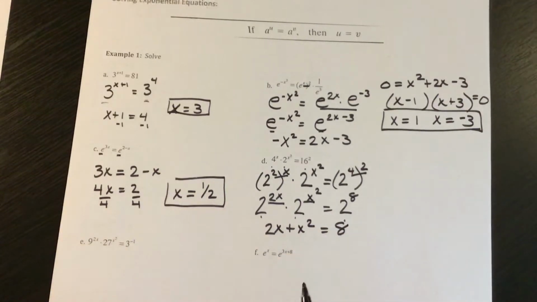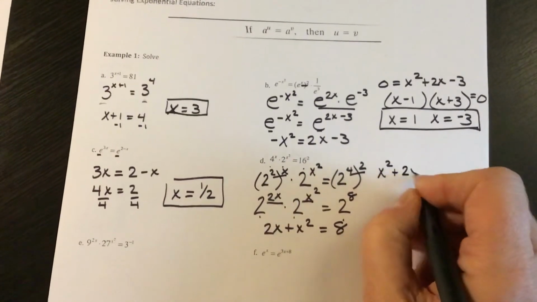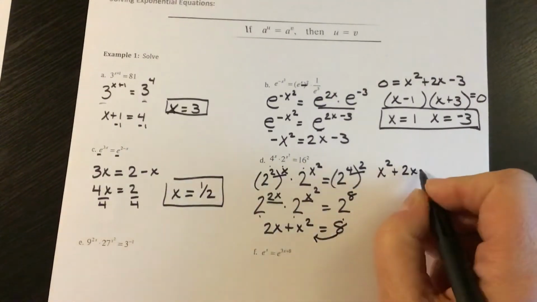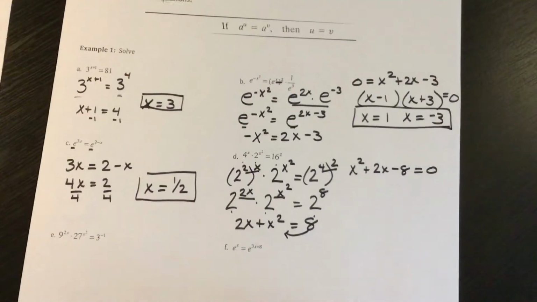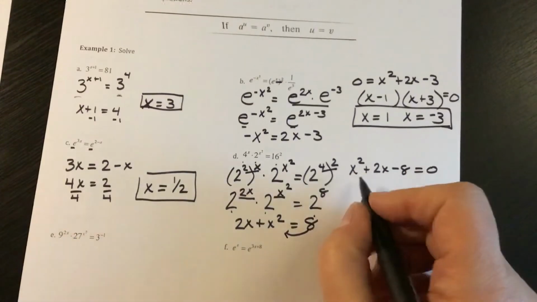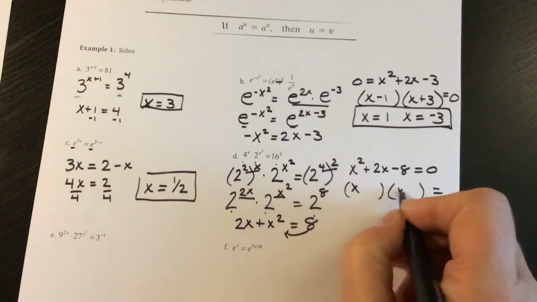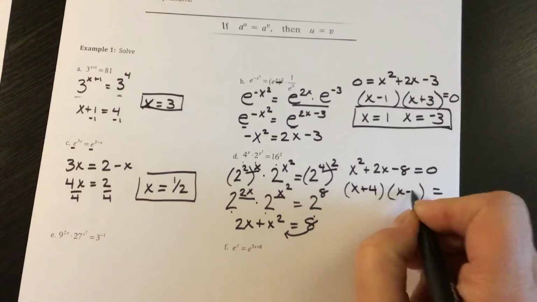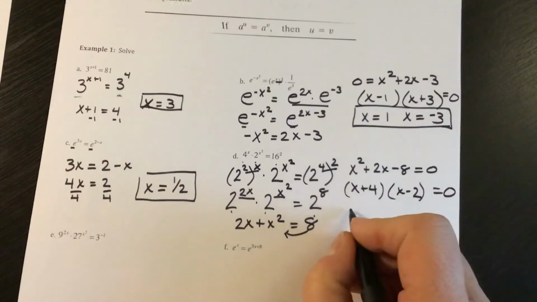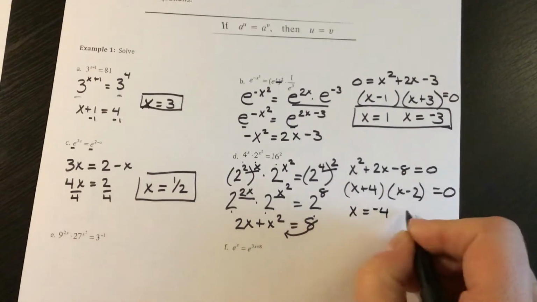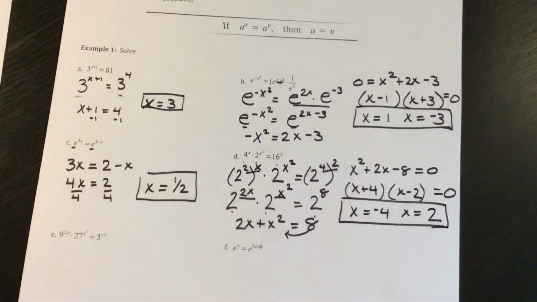Again, we have a quadratic equation, so I'm going to write x squared plus 2x. I'm going to subtract 8 over to the other side, and that now is set equal to 0. And I will factor, and I have a positive 4 and a minus 2. And when I set each factor equal to 0, I have x is -4 and x is 2. And those are my solutions.